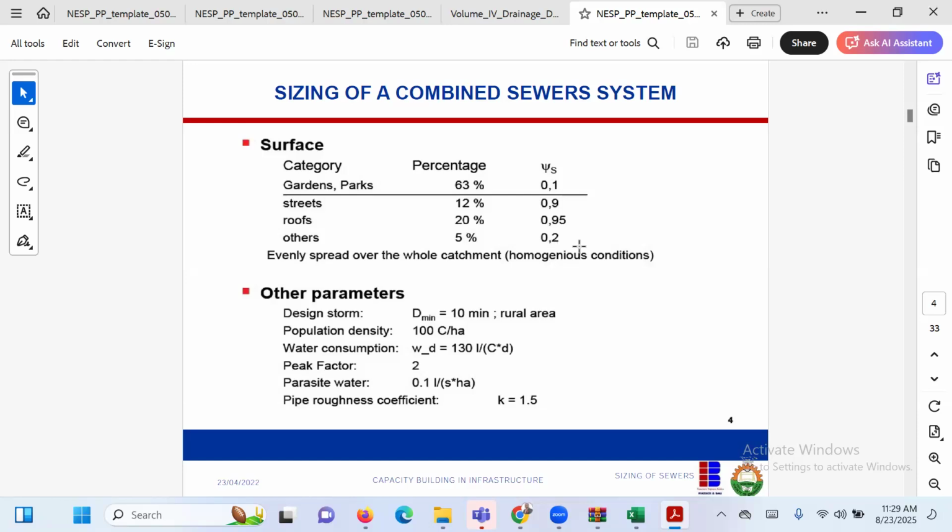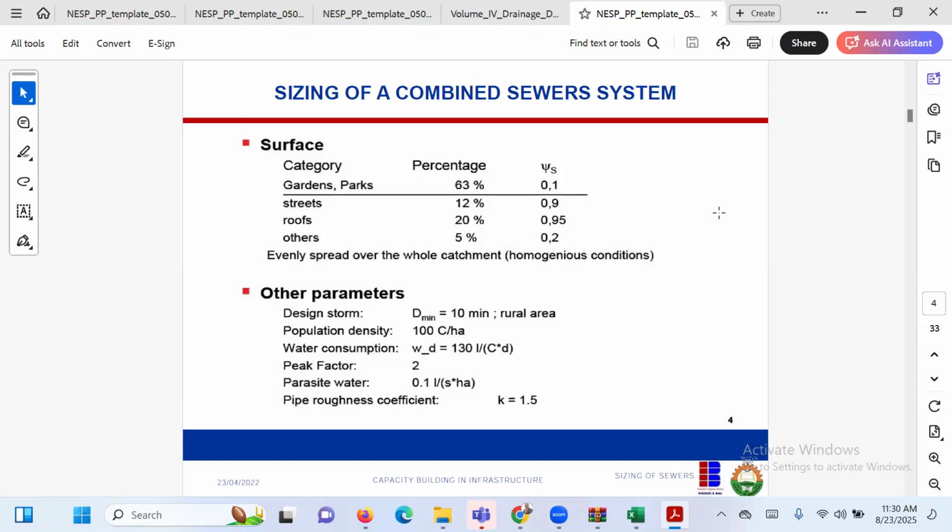Ideally, one will expect you to take the average of the whole runoff. That becomes your own runoff. That's what we call catchment characterization. You have to characterize the catchment and come up with one value. Because the green area is generating 0.1, 10%, the streets are generating 90%, the roofs are generating 95%, others are generating 20%. So you need to take an average.